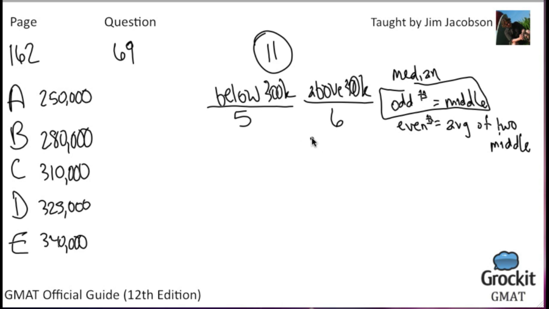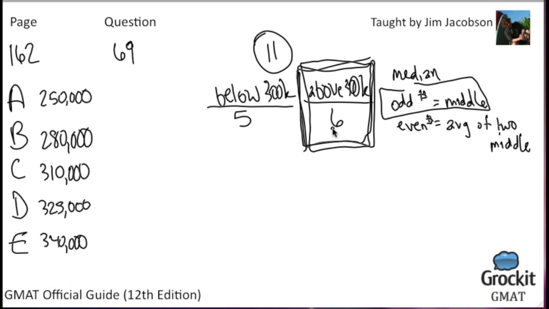Now remember, we're looking for the middle number. If the lowest 5 are below 300,000, then the middle number must be in the section above 300,000. Because remember, the median, when you have an odd number of numbers, has the same number of numbers above it and below it. So because the above 300,000 has more than the number below 300,000, we know that our median is in this one.